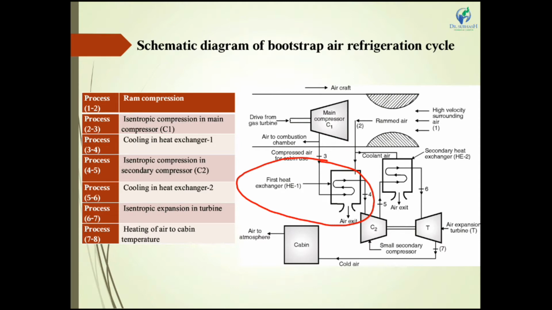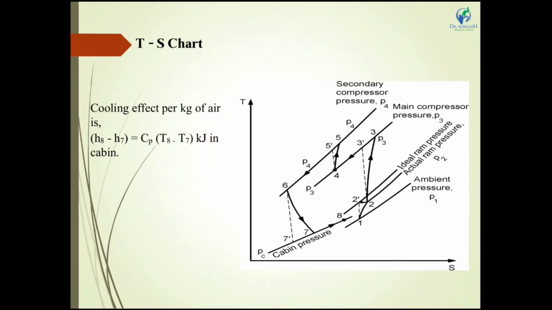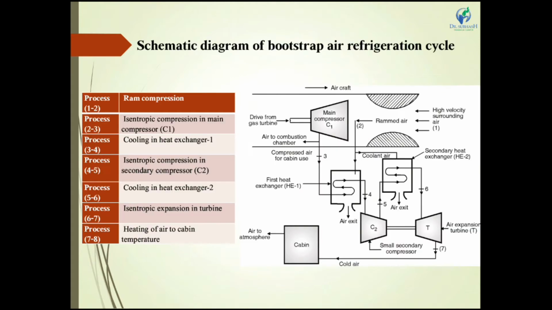Both airs are separated. Then the heat is removed to the atmospheric condition, in the diagram the process point 3 to process point 4. The heat is removed from the compressed air and it is cooled by the ram air. The process is shown in the TS diagram as process point 3 to process point 4.